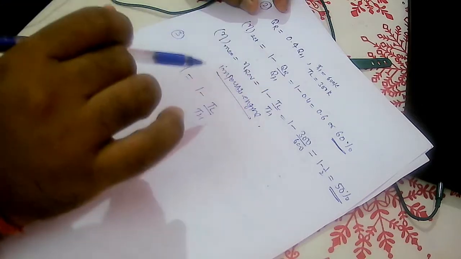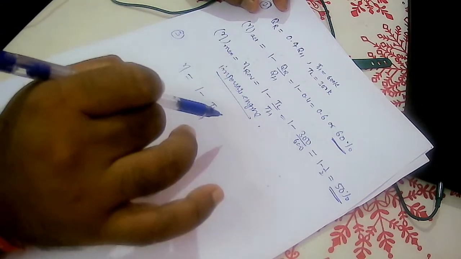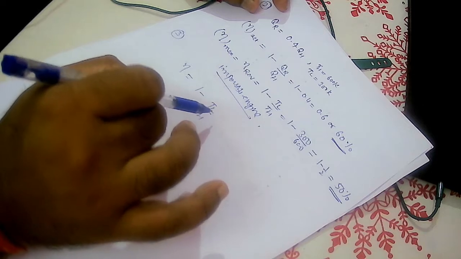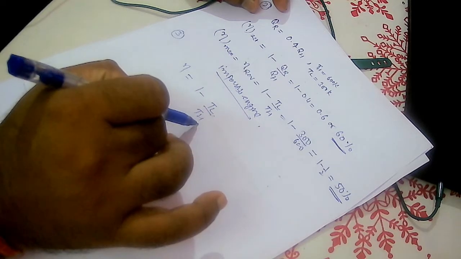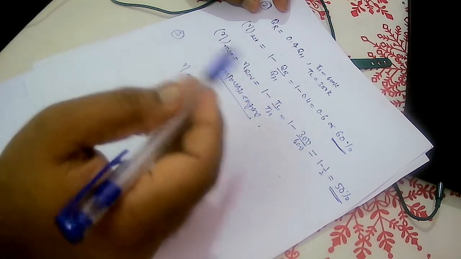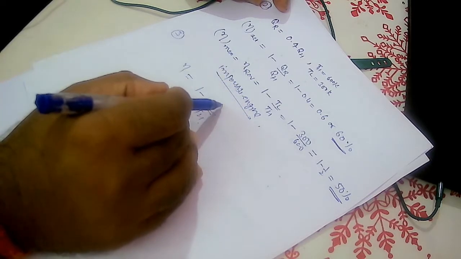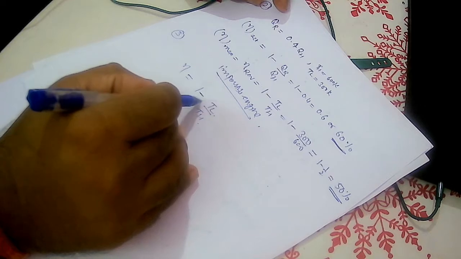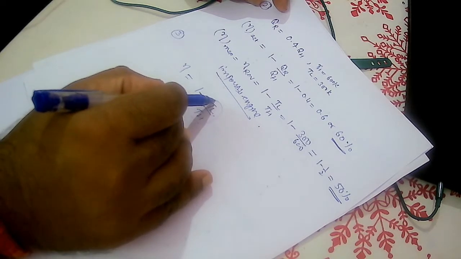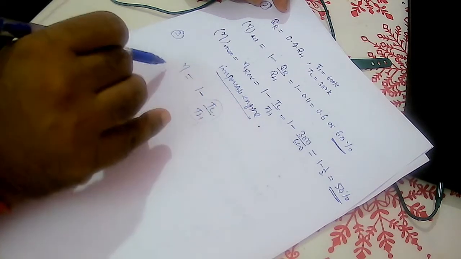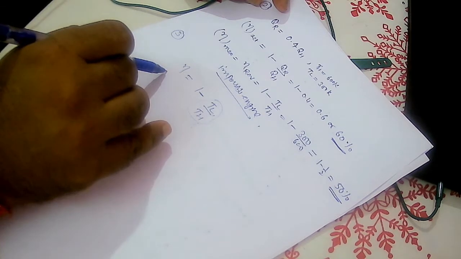A very small change in either low temperature or high temperature will increase the efficiency. Keep in mind, this is a minus term. So if we are able to reduce this as much as possible, we can maximize the efficiency, right?